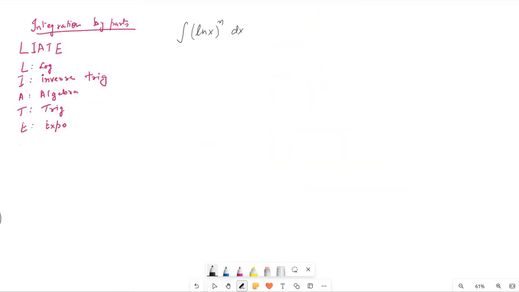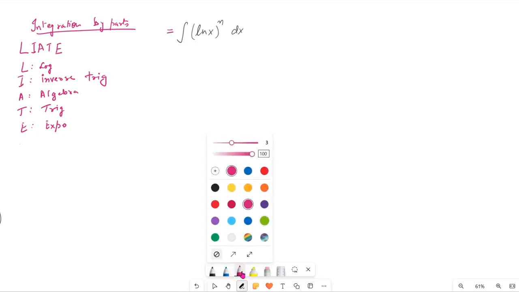Let's do a different kind of problem. This is the integral of natural log of x, to the power n. In this kind of question, because n is not given, we are trying to create an integration formula of a sort. You will see it at the end. Just to start, I'm going to name this I_n.